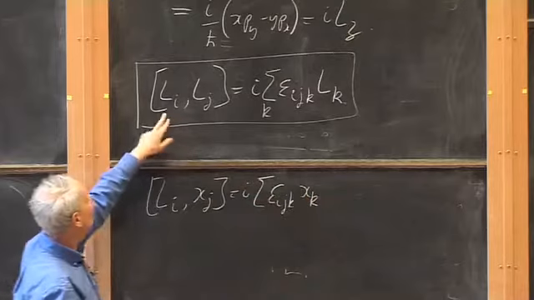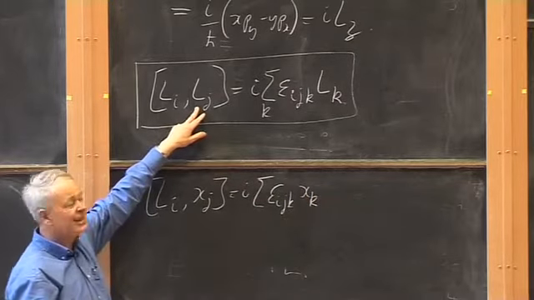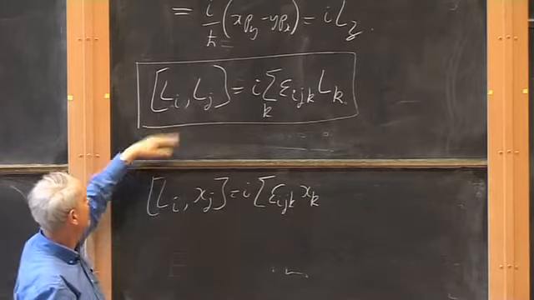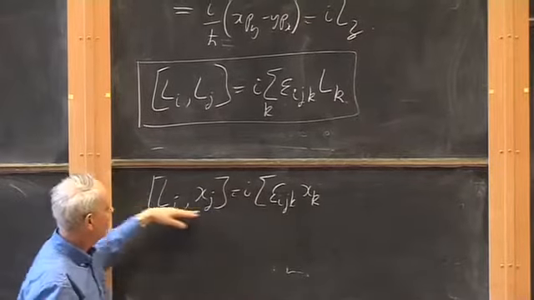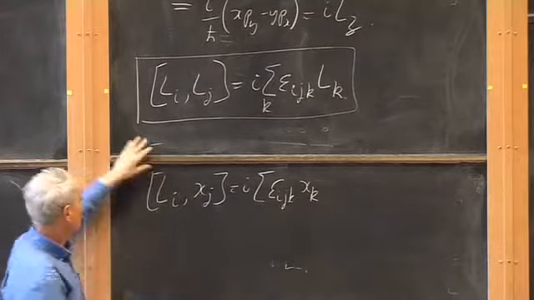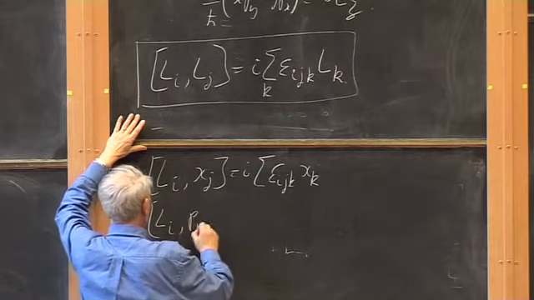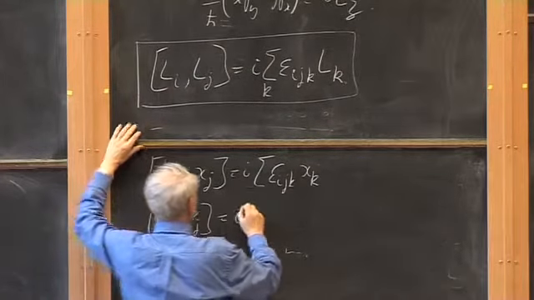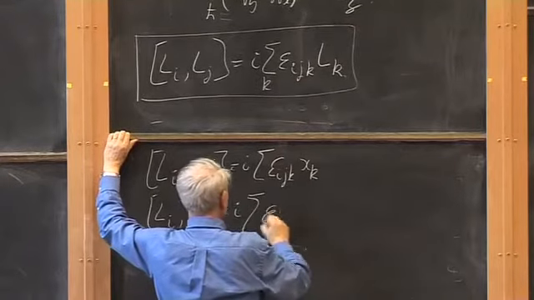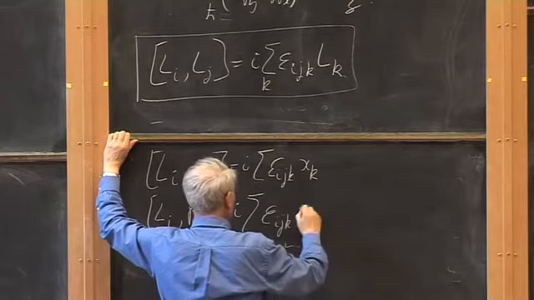And that rule even works for L itself, which is itself a vector. All right? So we regard this as analogous to this relationship here, because we also had that [Li, Pj] is equal to i epsilon_ijk pk.